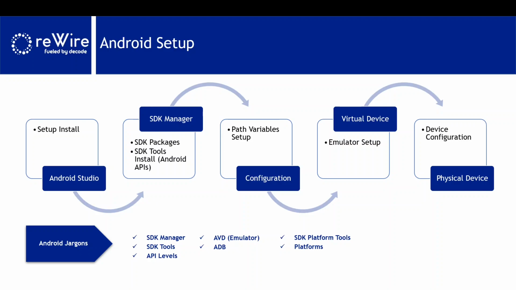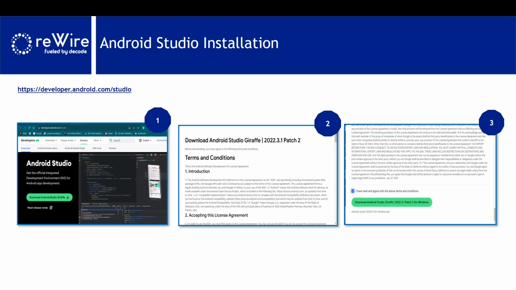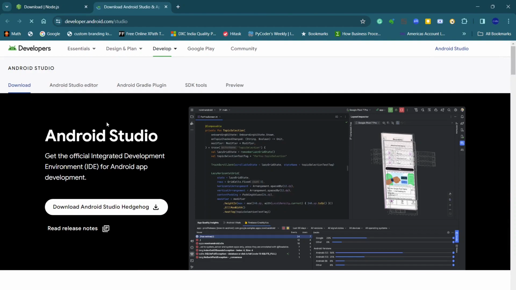Let's move on to the setup side. In my system, I have already installed Android Studio, but I have captured the screens over here. It's user friendly. Let me take you to Android Studio, the link that I have provided over here. See, this is Android Studio, and you need to install this one directly.